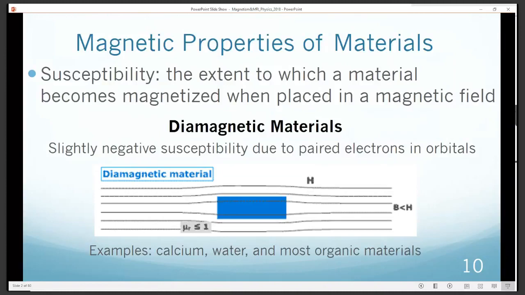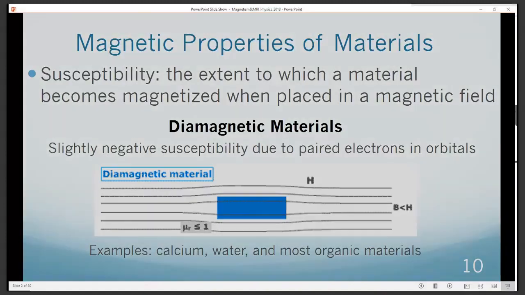One example is diamagnetic materials, and these are materials that, when placed into a magnetic field, the magnetic field inside the material will be slightly less than that of the applied magnetic field. Examples of materials that are diamagnetic include calcium, water, and in fact, most organic materials and most living cells are diamagnetic.